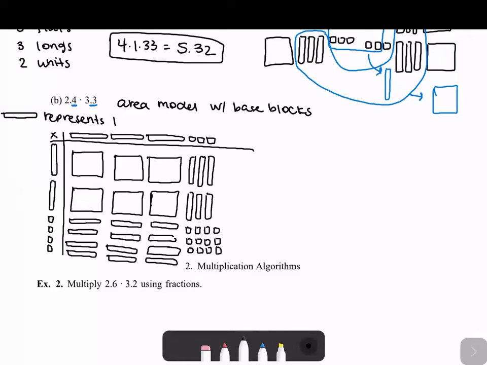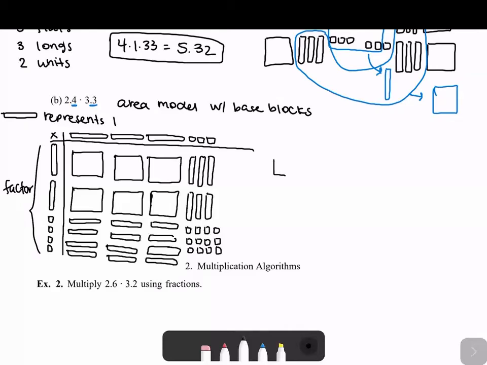However, remember that in our factors, we have that a long represents 1. And we know that whenever we multiply a long by a long, we get a flat. However, we also know that whenever we multiply 1 times 1, we just get 1.